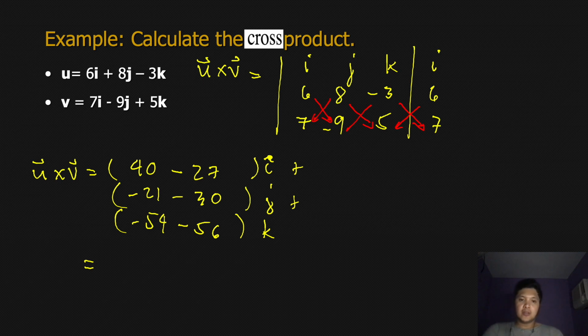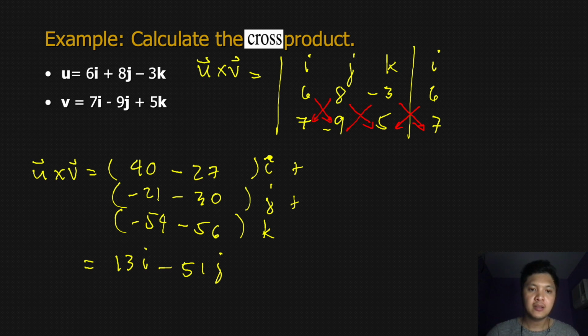So that is now 40 minus 27 is 13 i hat, plus, okay, negative 21 and 30 is negative 51, so this should be minus 51 j, plus negative 54 and negative 56 is negative 110.